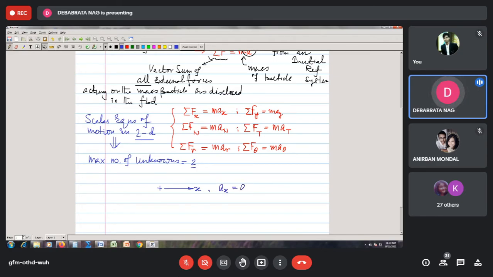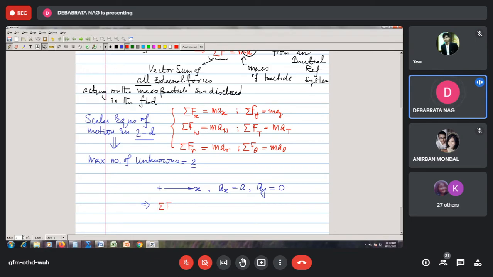So the acceleration of the particle lies in the x direction only. It simply shows the ay component, or the perpendicular component to the direction of motion, is simply 0. So therefore, for rectilinear motion, the maximum number of equations is 2.